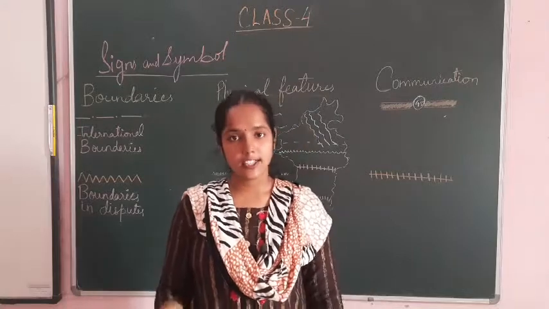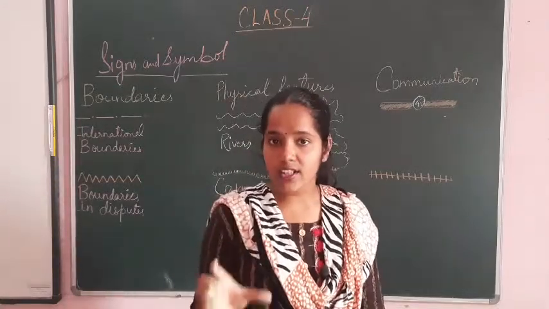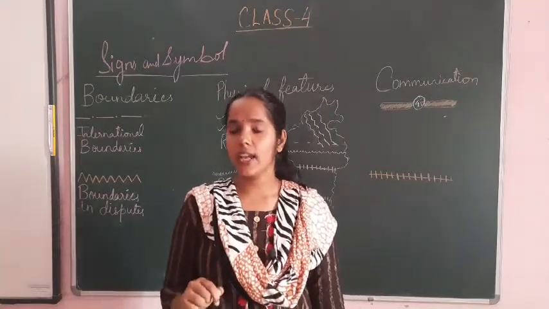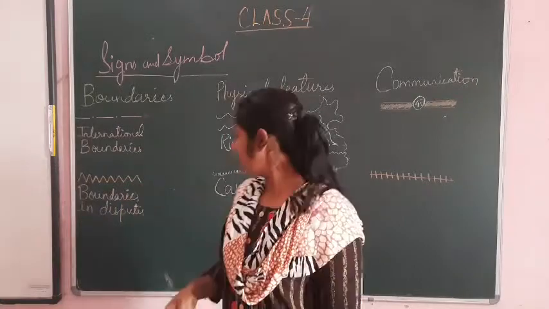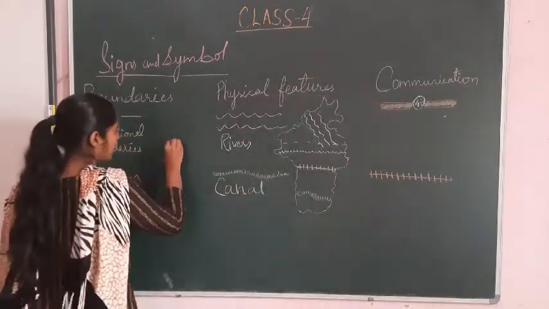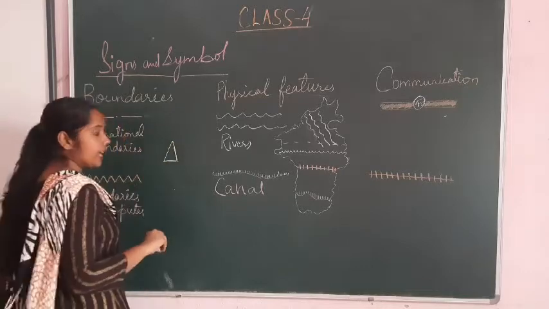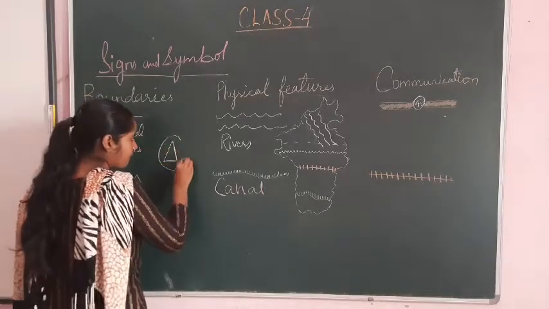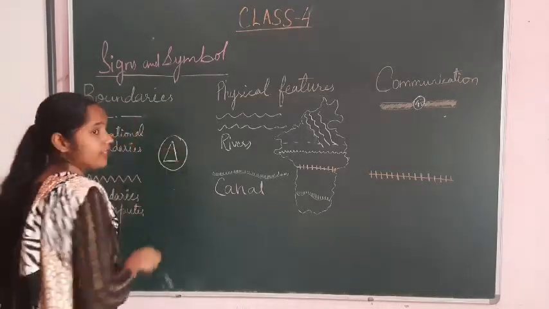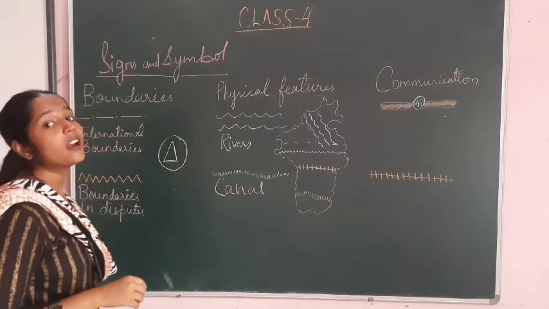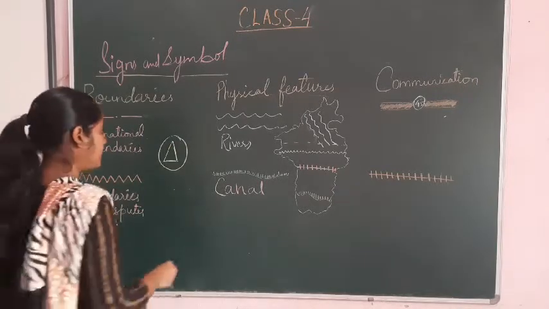So when a particular sign symbolizes, say, a hospital, I am taking this as a hospital. If in a map this sign is given, it means it is symbolizing a hospital, isn't it?